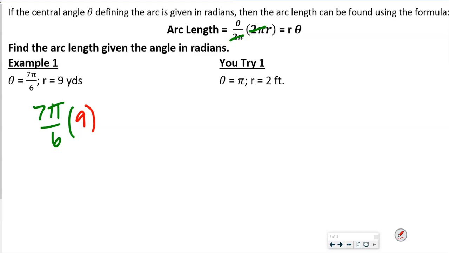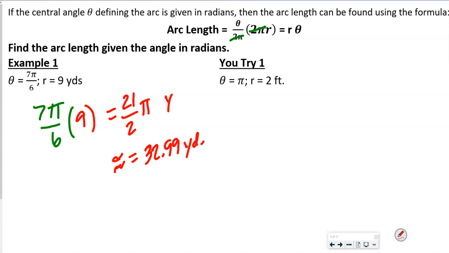So this would be 63 over 6, right? 63 over 6. So this would be reduced to 21 over 2 pi radians, right? Or if we multiply that out, then that's going to give us our approximate answer, right? Okay, so that's going to be 32.99, and these are yards, okay, both.